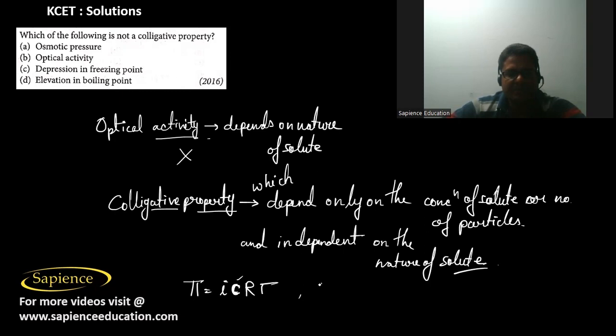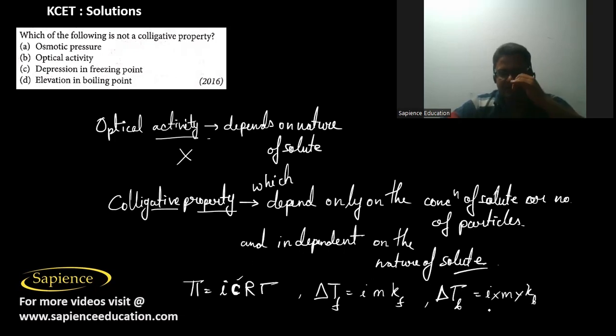The depression in freezing point is also i into m into Kf, and the elevation in boiling point is also i into m into Kb, where m is the molality of the solution and i is the Van 't Hoff factor.